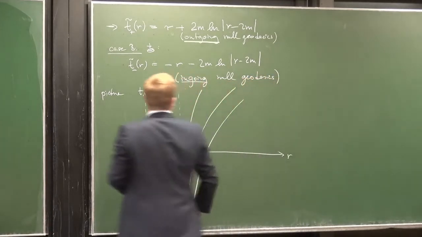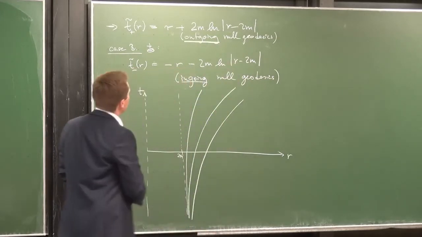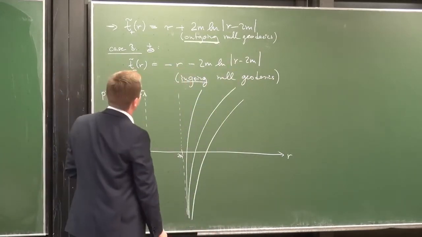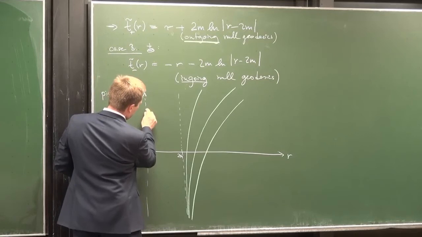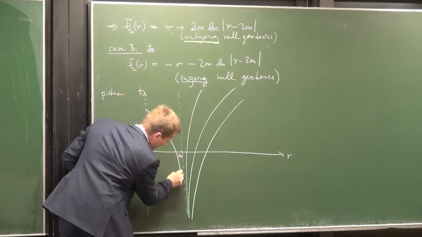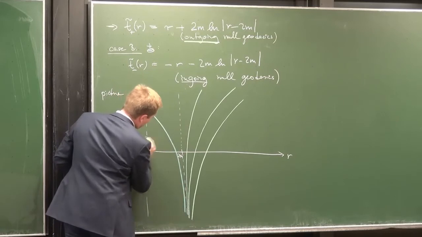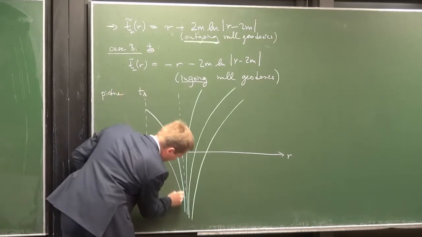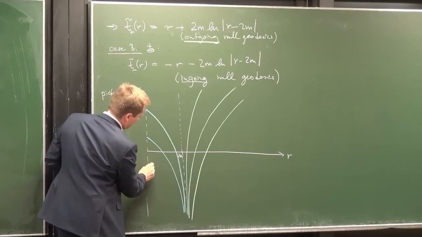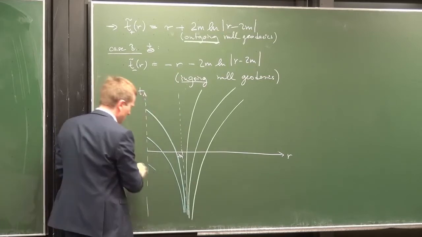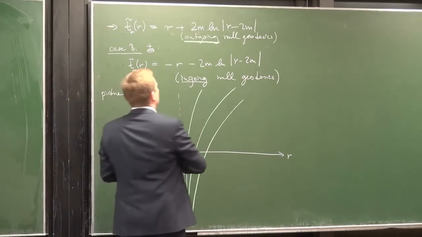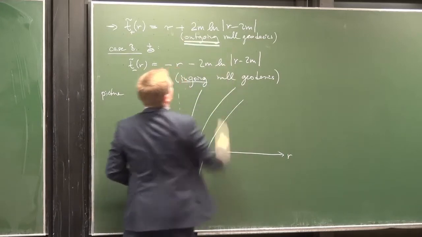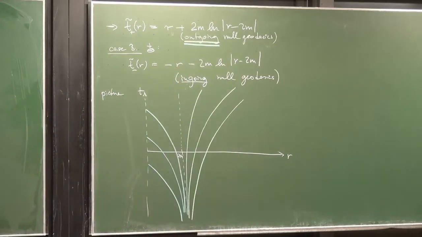Now there is a second region where I can look at the outgoing ones, and it's the same story. It's just that the r is smaller, so there they run like this. It's always drawing this funny ln function, okay? So these are the outgoing ones: the green in this outer region and the blue ones in this inner region. That's just the geodesics in Schwarzschild coordinates.